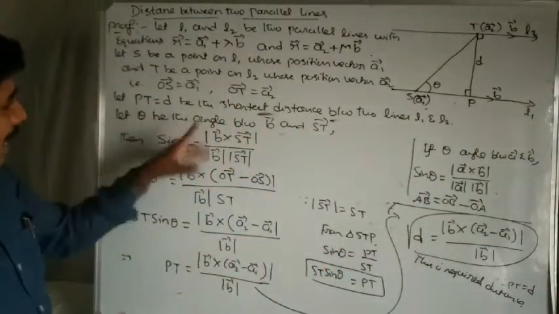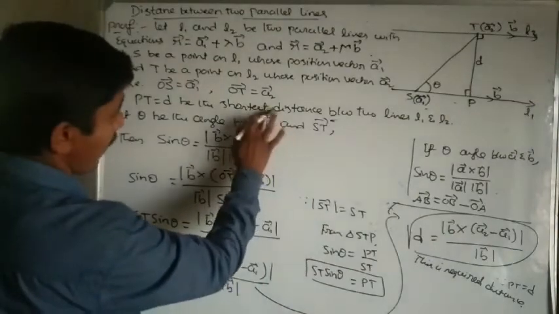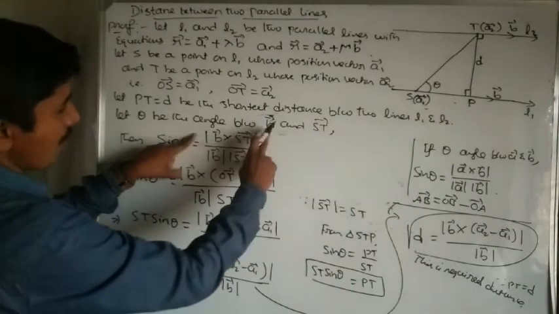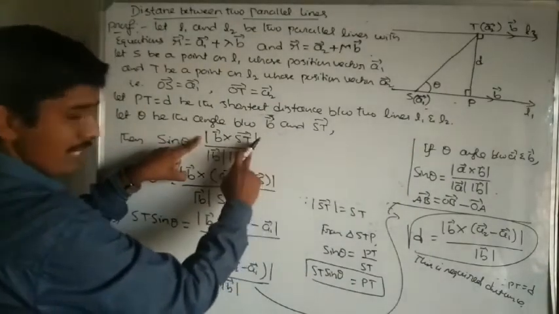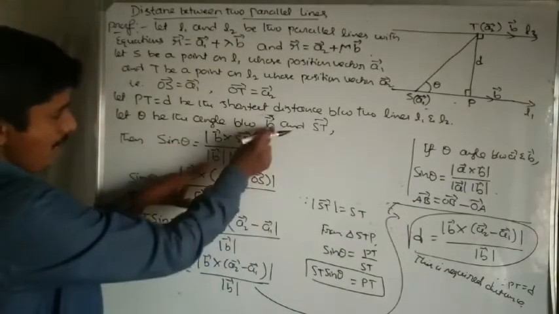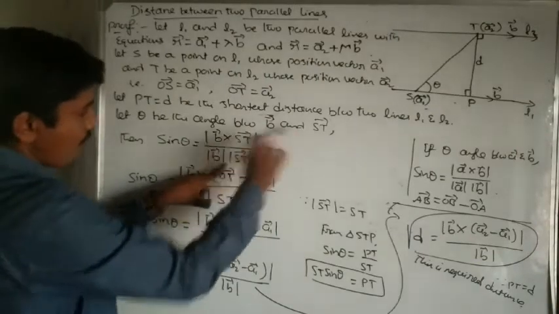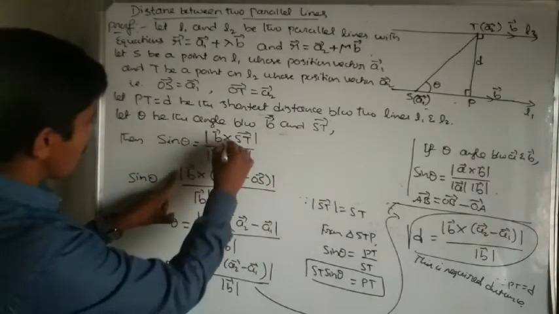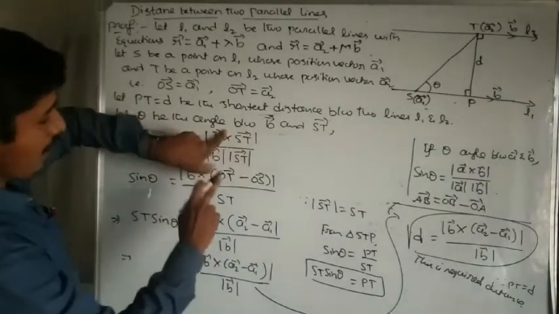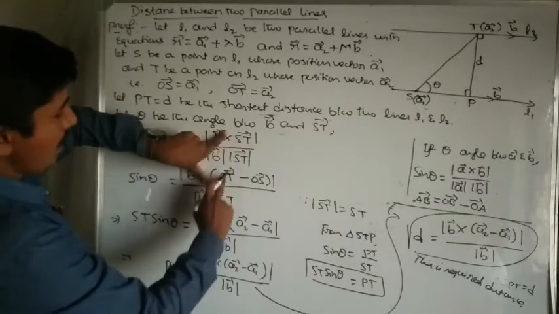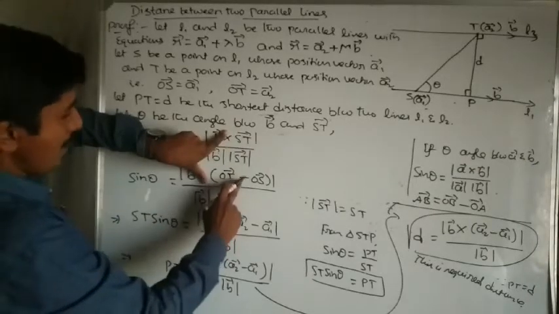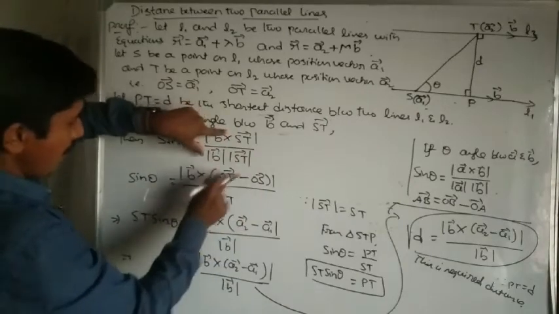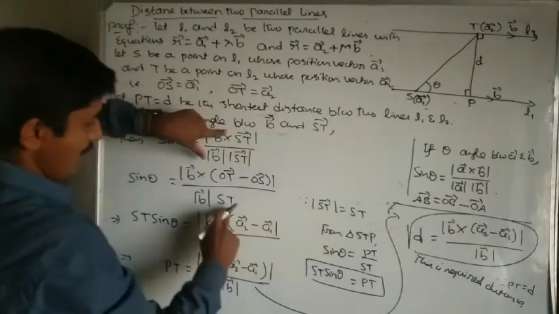Here theta is the angle between the first vector, vector B, and the second vector, vector ST. Then sin theta is equal to magnitude of vector B cross vector ST divided by magnitude of vector B into magnitude of vector ST. In terms of position vectors, vector ST is vector OT, the terminal point, minus the initial point, vector OS, divided by magnitude of vector B. Magnitude of ST can be written as ST.